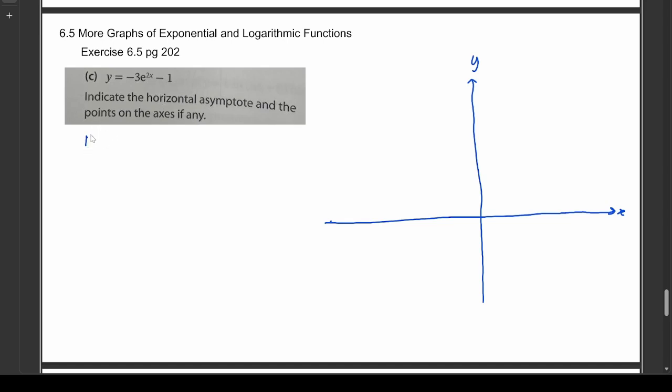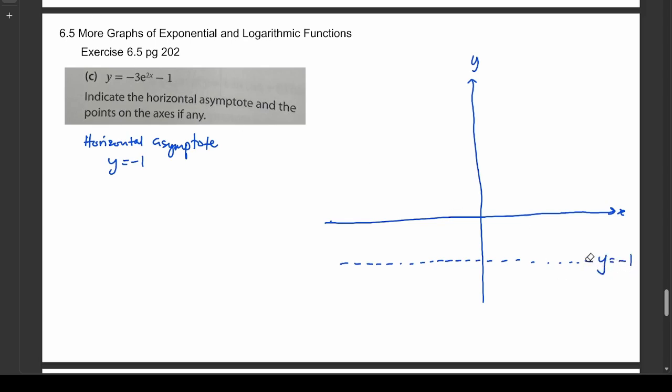So the horizontal asymptote is basically y equals to the number in the equation, which is negative 1. So somewhere at the bottom, I'm going to draw it slightly bigger so that you can see it. And of course, label the line. Remember, for an asymptote use a dotted line.